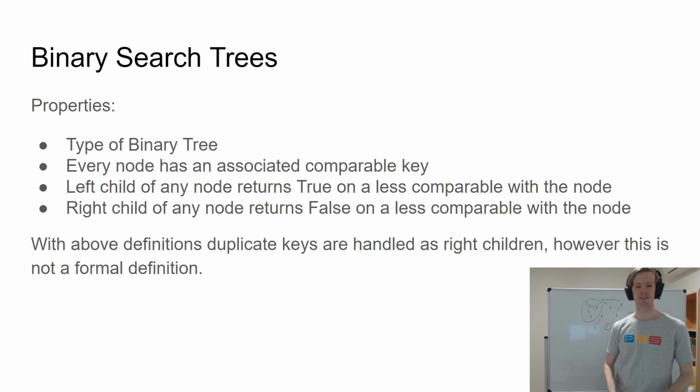But the only formal definition is that the keys in the left subtree are going to be at least less than the keys at the current position. And similarly, the keys in the right child are going to be at least greater than the keys in the current node that we're looking at. Cool.